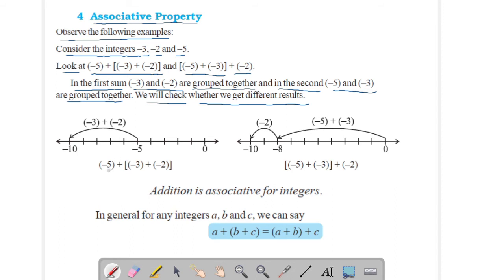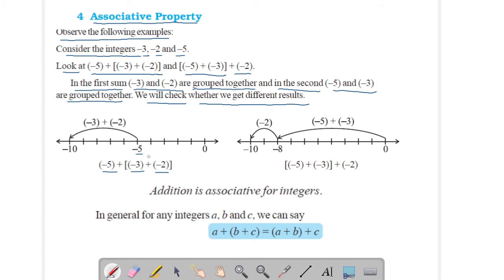Say minus 5 plus, within the big bracket, minus 3 plus minus 2. If you solve this, see on the number line, here it is minus 5. Minus 5 lies on the left hand side of 0. So here it is 0, and this is minus 1, minus 2, minus 3, minus 4, minus 5. Now we have to add minus 3 and minus 2, which will be minus 5.